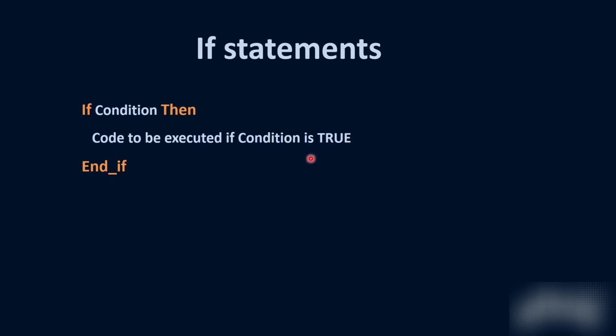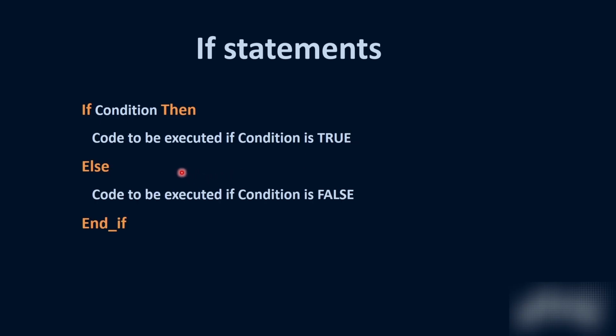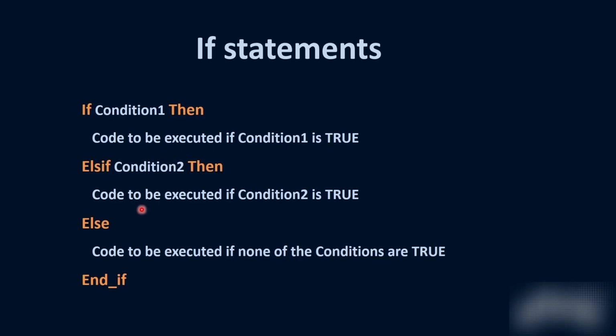It's also possible in an if statement to have an else section. So when the scheduler comes to execute this code, it will check if the condition is satisfied. If it's satisfied, it does this. If it's not satisfied, it executes what is in the else case, and then it continues. It is also possible to have many conditions, and with the if statement, you can use the else if.